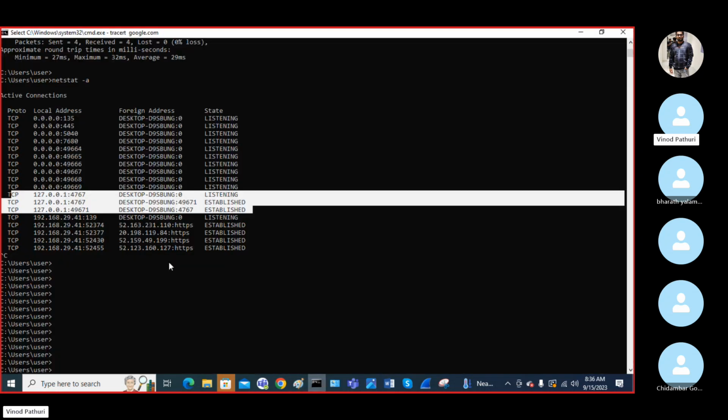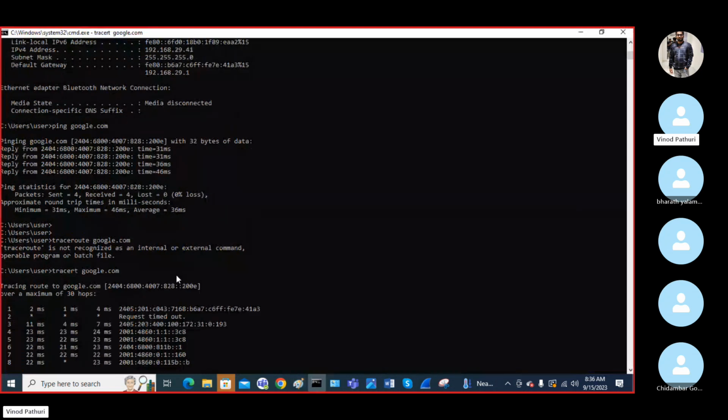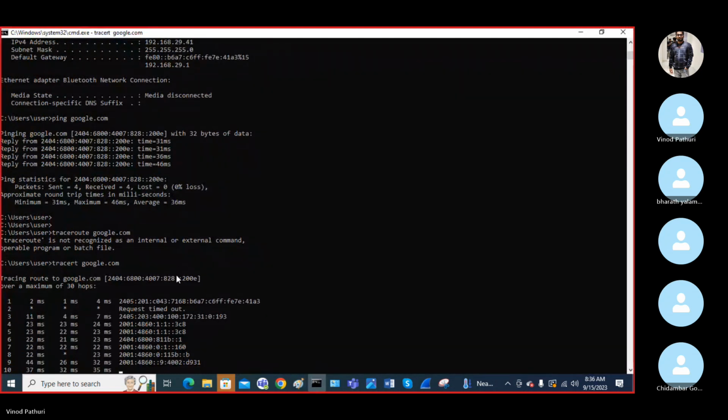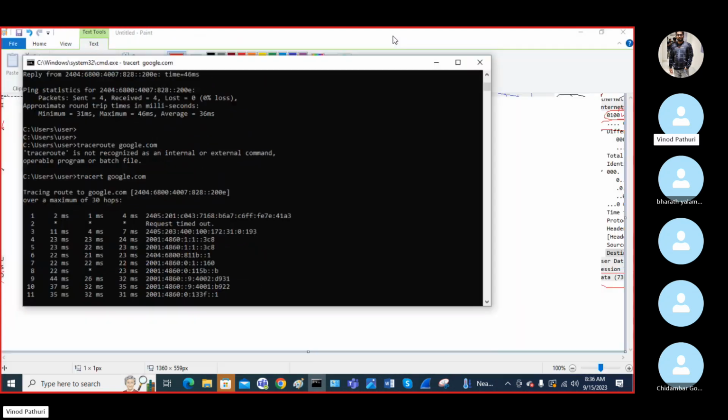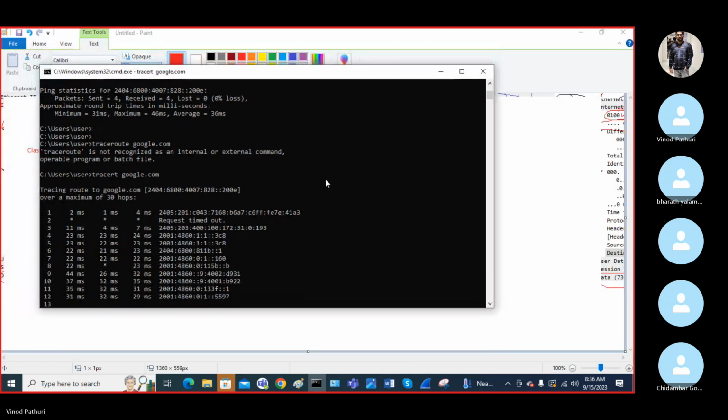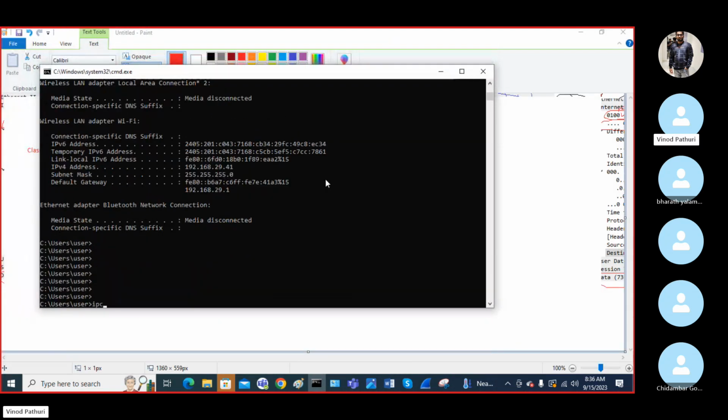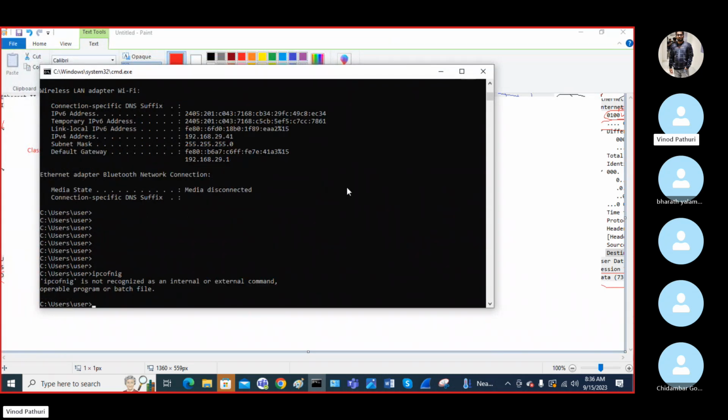Suppose I type ipconfig. Here I have this gateway, right? 192.168.29.1. That is my router IP. In some cases, if I don't have any router, it will take it as a default route.